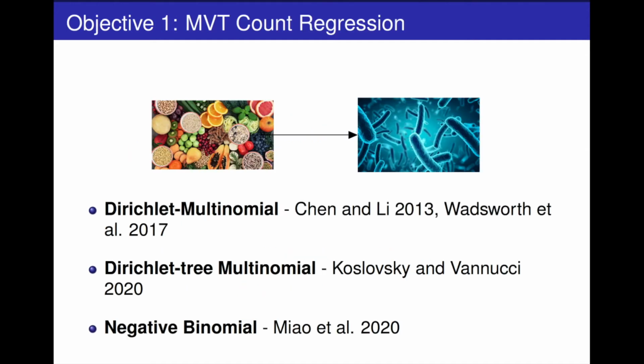For the first objective, there are numerous regression models available for relating covariates with multivariate count data. For example, the Dirichlet multinomial, which we use in this analysis, the Dirichlet tree multinomial, as well as the negative binomial model.